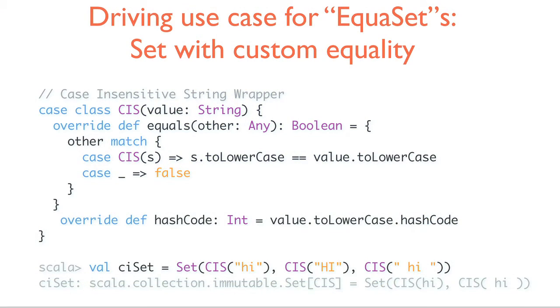Originally, the driving use case was that I came up with this thing called equality for Scalactic because people wanted to do custom equality in their tests and in their production code. That came out in 2.0. And there was one use case that involved collections: every now and then you would like to have a set of objects where you want to use a different equality than the one provided by dot equals.